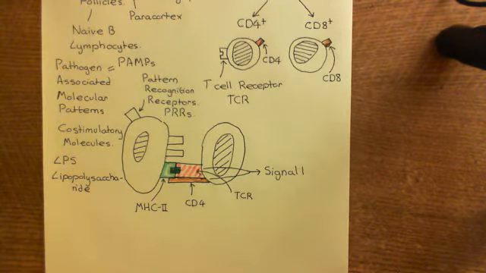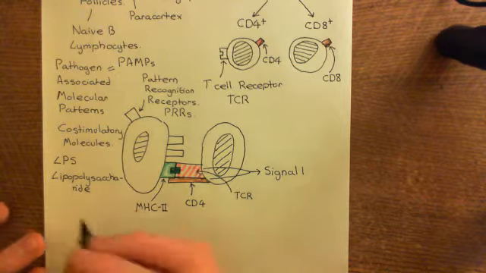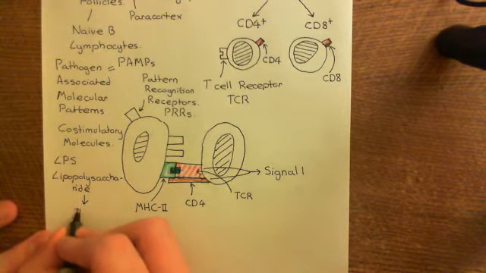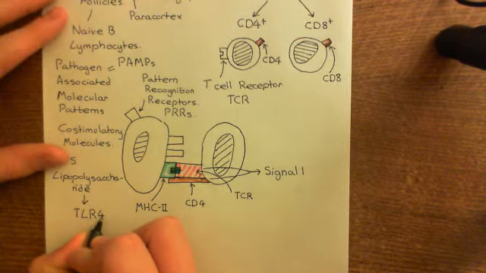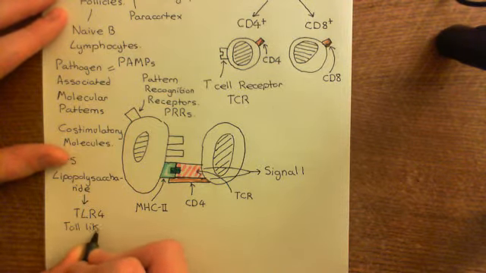Gram-negative bacteria have it all over them, basically. And these professional antigen-presenting cells have a pattern recognition receptor for LPS, and this is what's known as Toll-like receptor 4, TLR4. So this stands for Toll-like receptor 4.